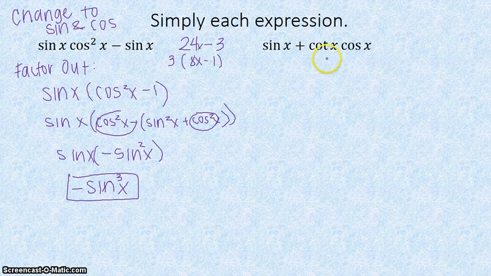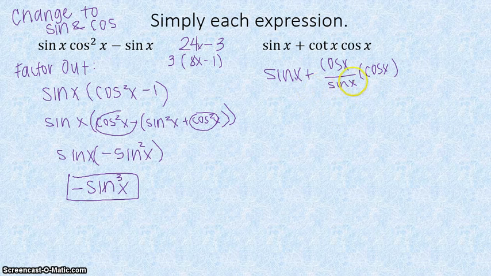Second one. First thing I do, change to sine and cosine, just like I did over here. So this is sine x, plus cotangent is cosine x over sine x, and then this was times cosine x.